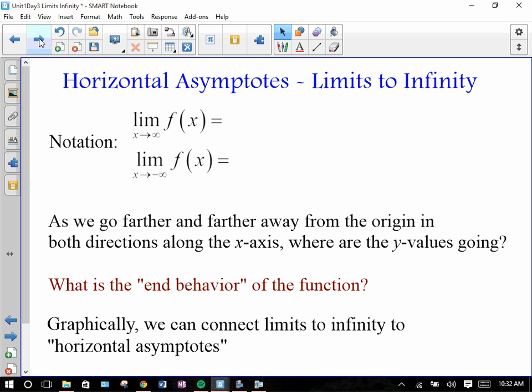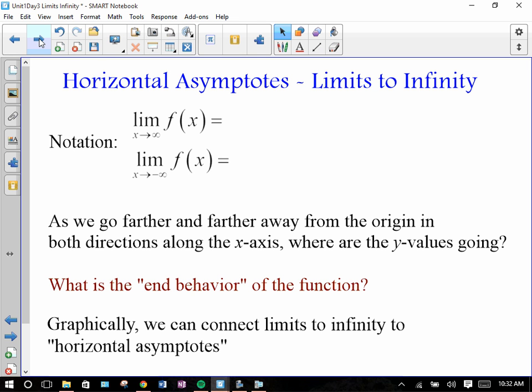We're looking at the end behavior of the function. So this is the key question: we want to figure out what is the end behavior of our function.